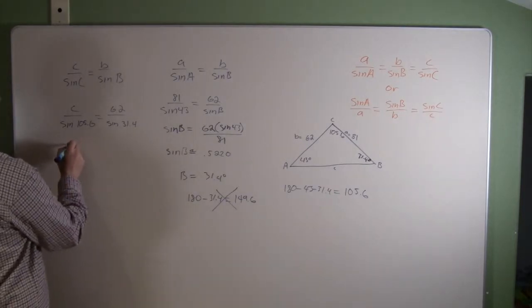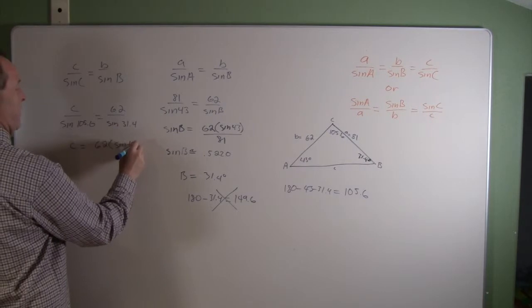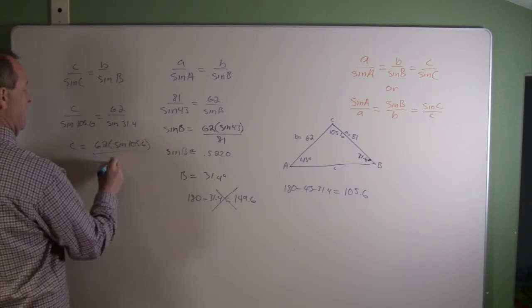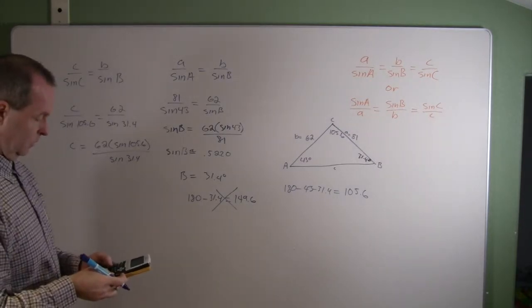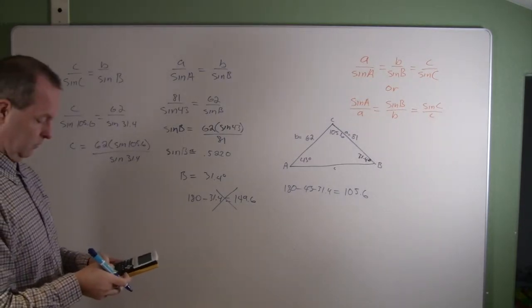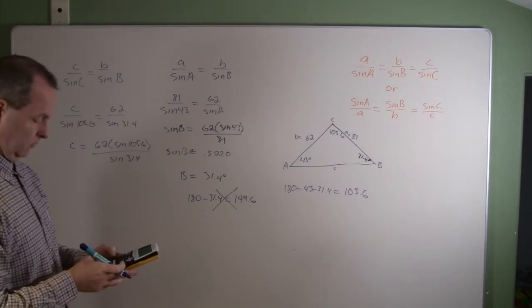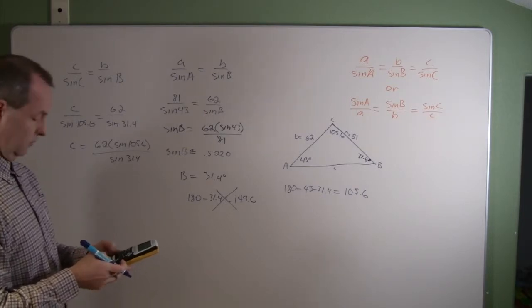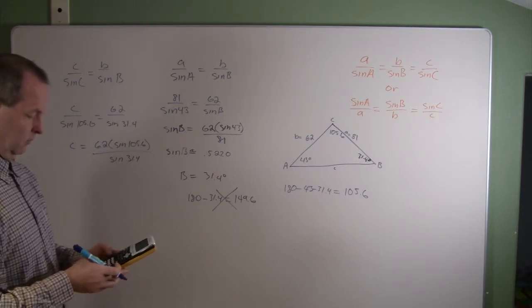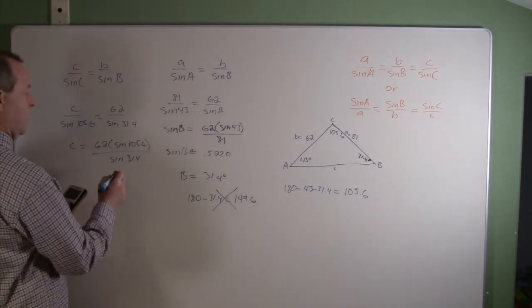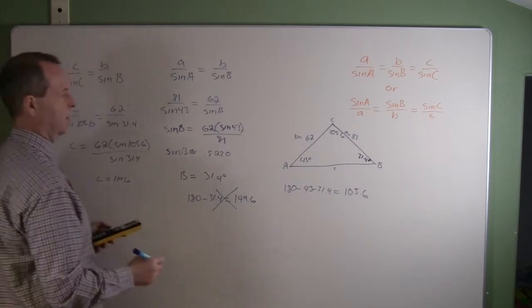Solve that for C: C equals 62 times the sine of 105.6 all over the sine of 31.4, and that gives me a length of 114.6 units.